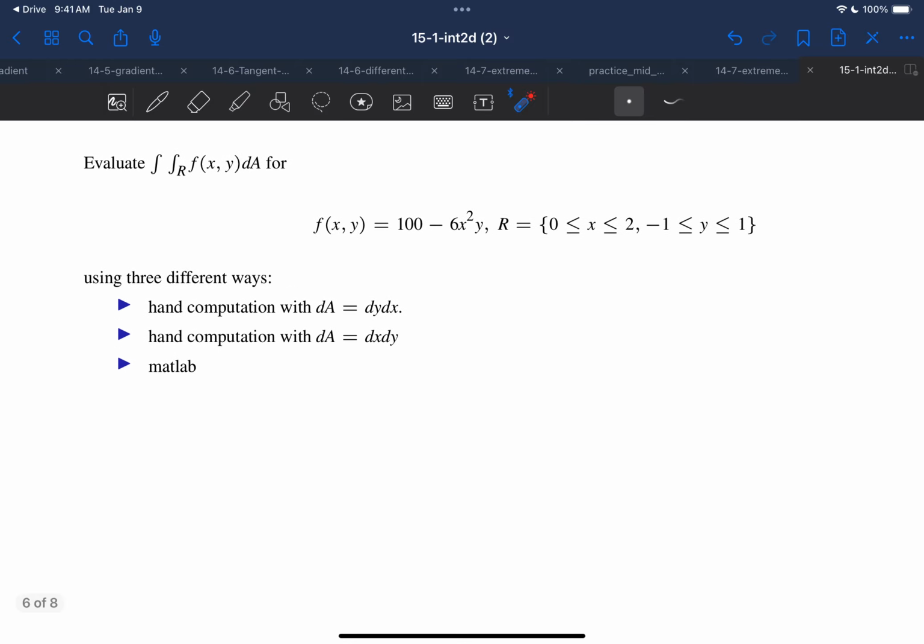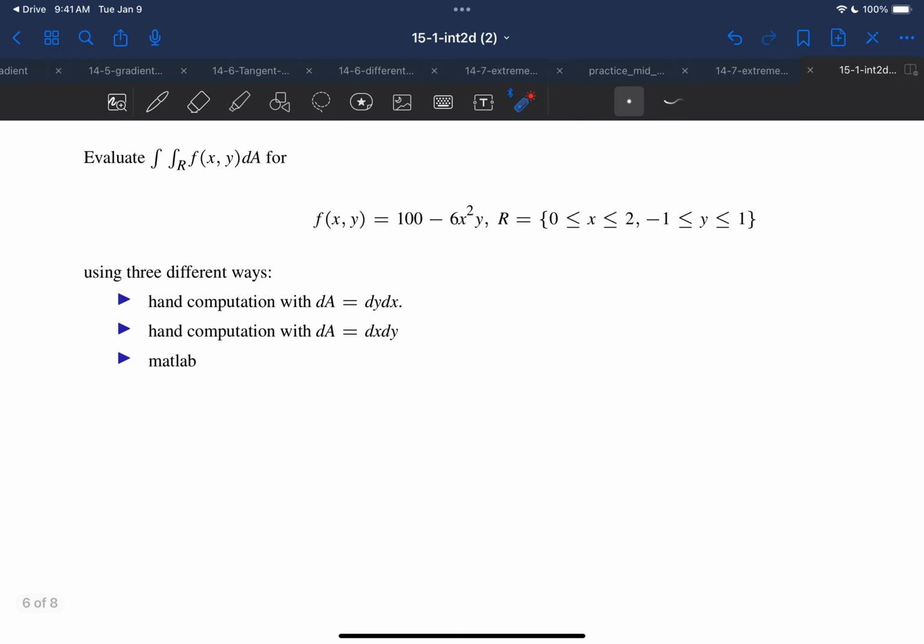All right, let's apply that theorem to this example. We are going to evaluate the double integral when f is given by this, and R, the domain, is given by this. So first we look at what R stands for. x is changing from 0 to 2, and y is changing from -1 to 1.